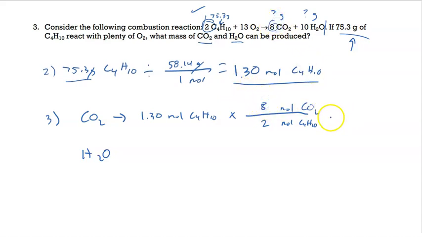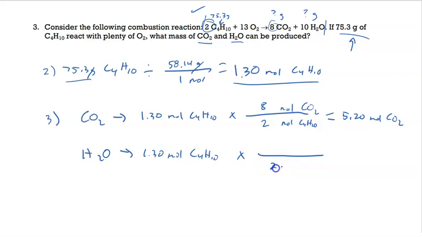So I'm going to go 1.30 times 8 over 2. Right? And I get 5.20 moles of CO2. And I'm going to do the same thing for water. 1.30 moles of C4H10 times my mole ratio. Coefficient for water is 10.